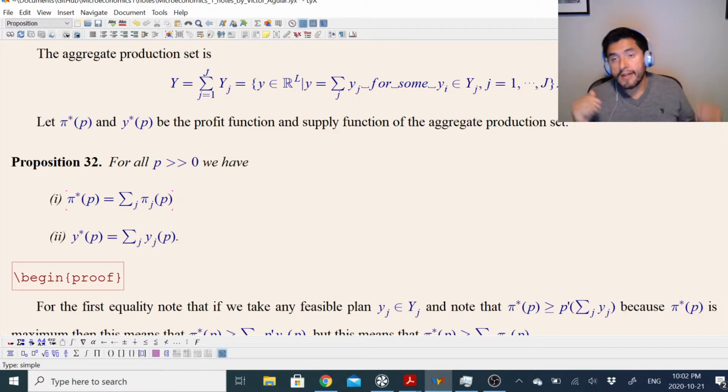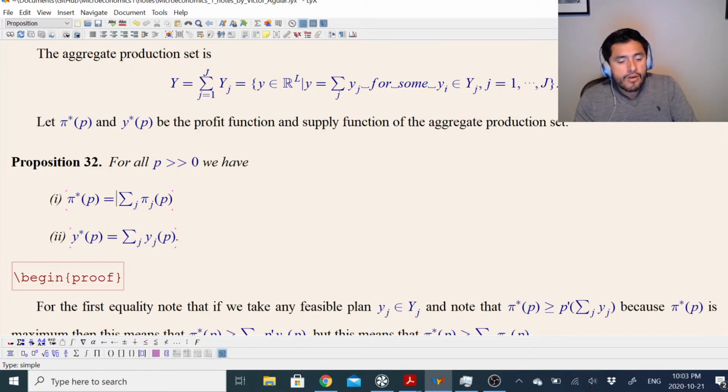So that means that if I let the firms individually maximize profits under price taking and I aggregate their profits, this is the same profit level as if I maximize directly under price taking the centralized problem, where I am actually dealing with a joint production set, capital Y, okay?